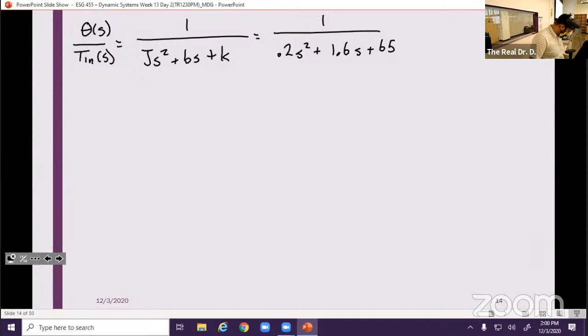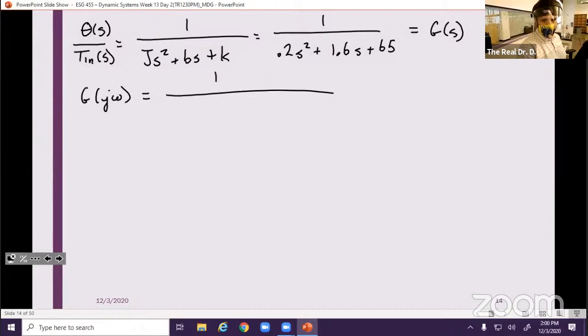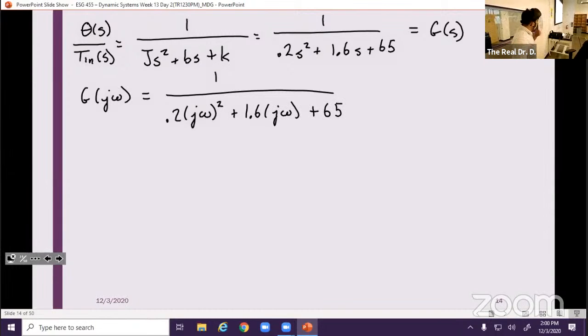So once we get here, what do we do? Well, this is just G of s. So we have to plug in j omega for s. We just plug it in directly wherever we see s, because we went through the derivation, but that's how we handle it.